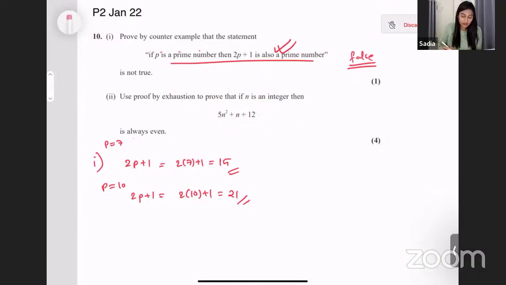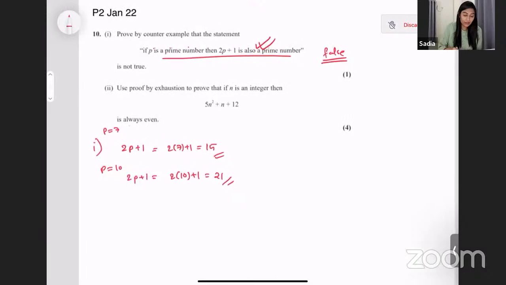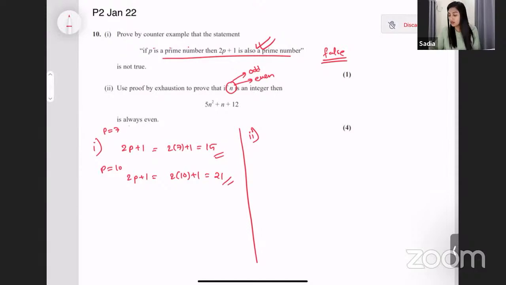So for this type of situation, it's always better to use different variables, as in you can use n as odd, or you can use n as even, because that's the only two kinds of numbers we are dealing with, right? Either n can be even or n can be odd. So we will select two situations, where n is even and where n is odd, and we will prove that in both situations this expression will always be even.